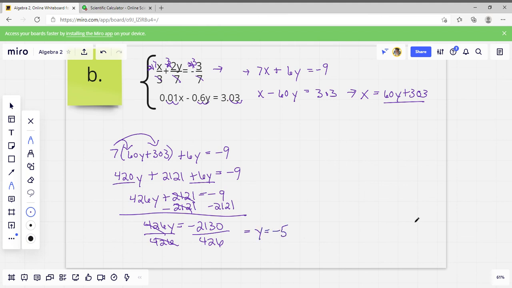Now I'm just going to plug my negative 5 into one of these equations. 7x plus 6y, which is negative 5, equals negative 9. 7x minus 6 times 5, which is 30, equals negative 9, plus 30, plus 30.